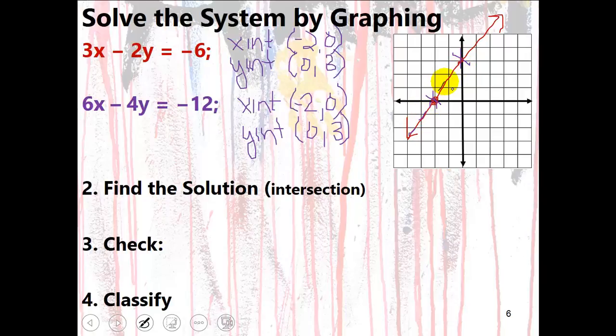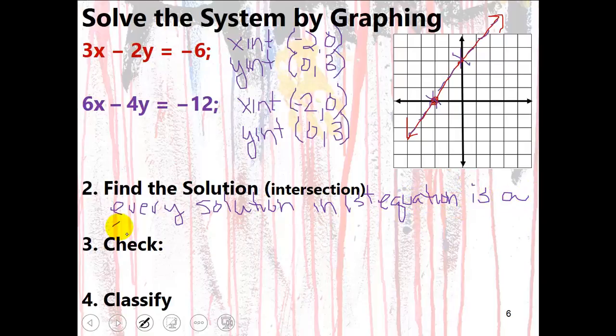This is one where every solution in the first equation is a solution in the second equation.